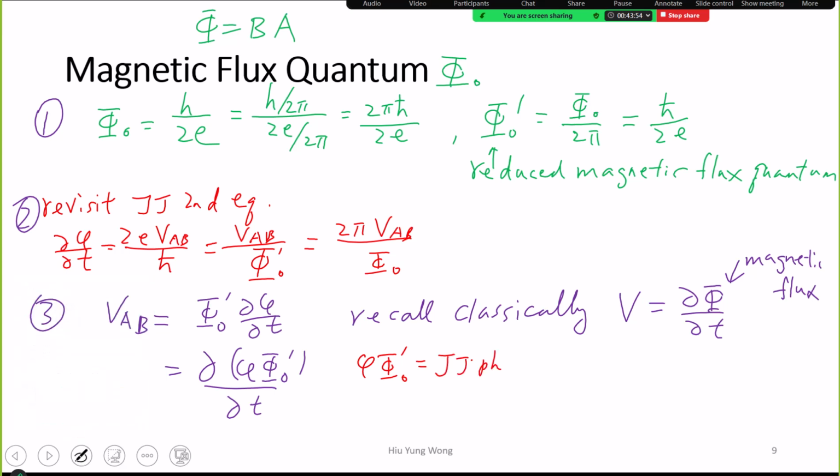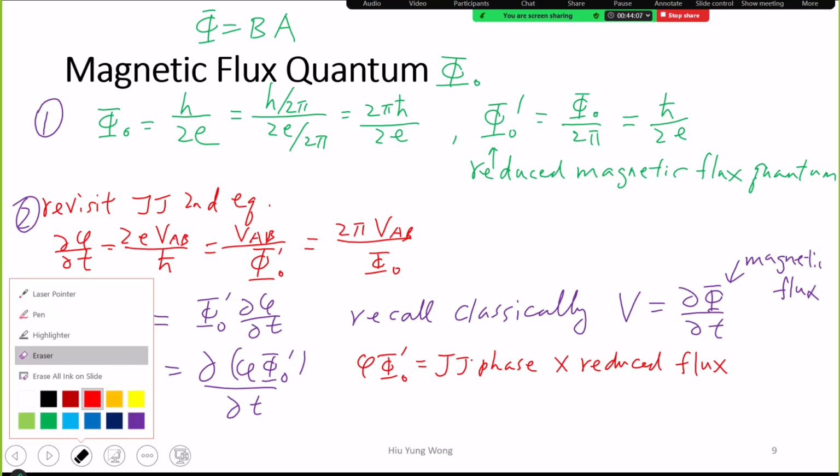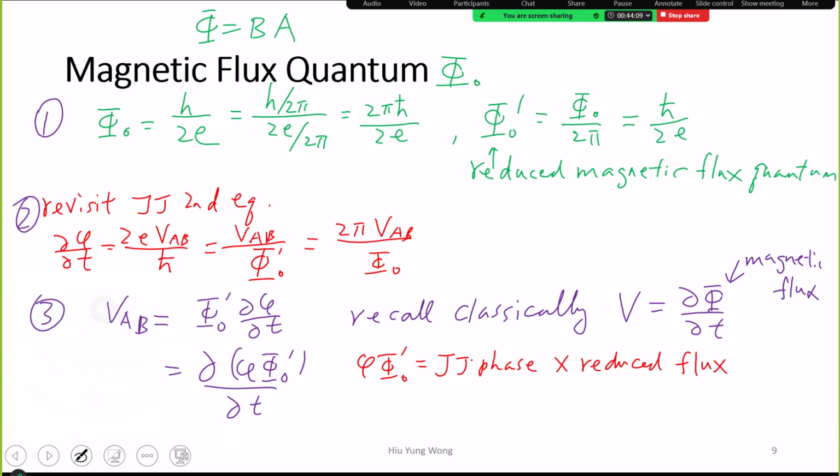JJ phase times the reduced flux constant, quantum, behaves like magnetic flux.